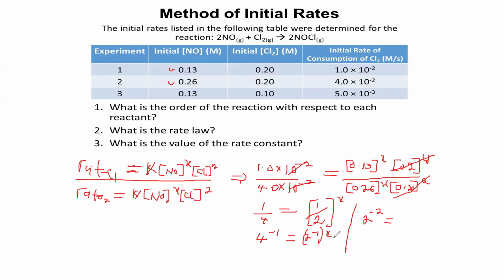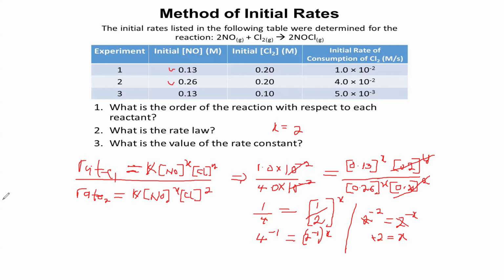And for the 2, we have minus 1 times X, so 2 to the power of minus X. This cancels that, and we now have minus 2 equal to minus X. So at the end, we are able to get X equal to 2. Therefore, X is equal to 2.